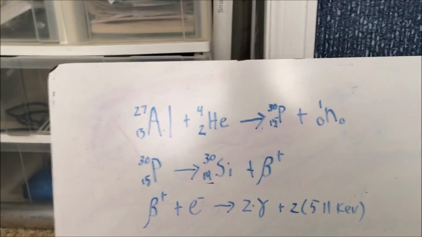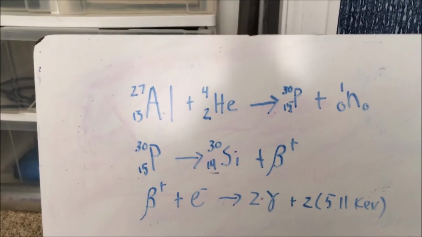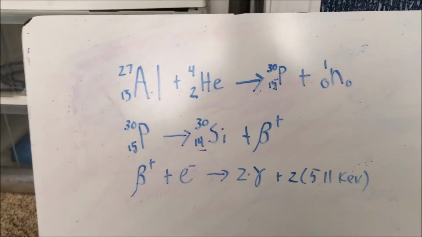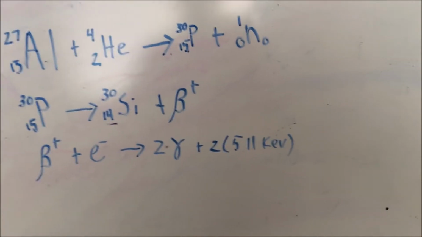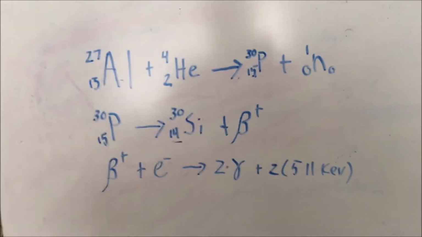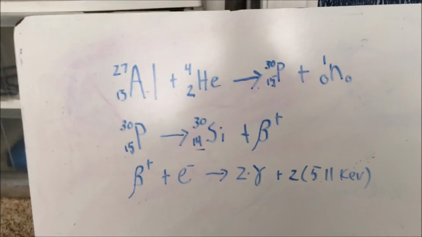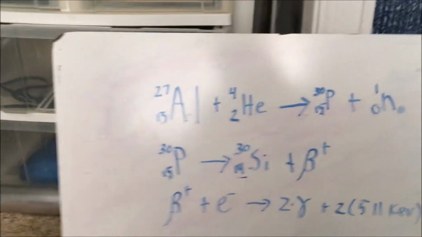So the setup is going to work like this: we put aluminum in close contact with an alpha source, then take a gamma spectrum over a long period of time and look for an increase in this peak at 511 keV, which would be indicative of the annihilation, which would result from phosphorus-30, which results from the aluminum being transmuted by the alpha particles.